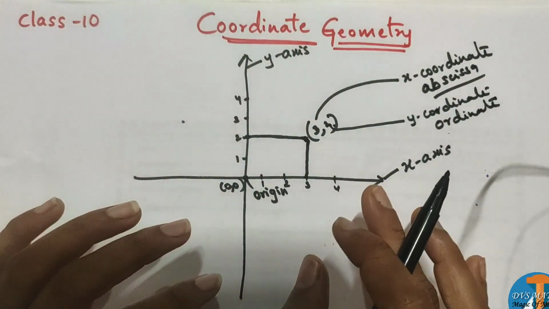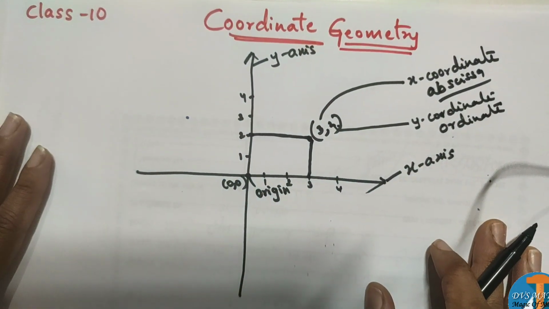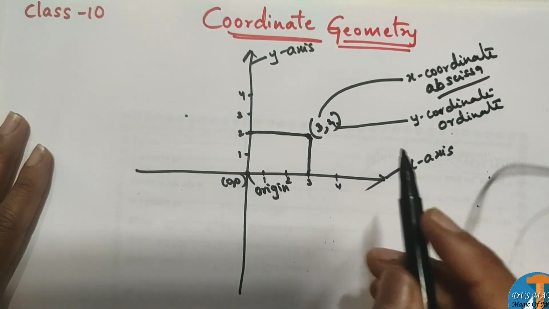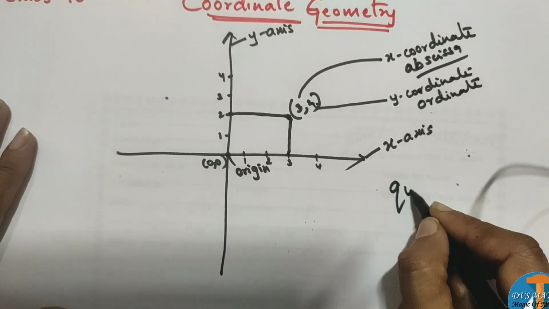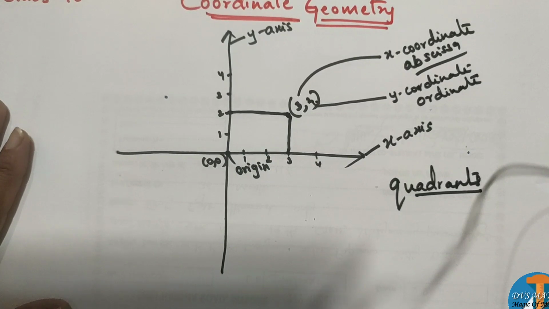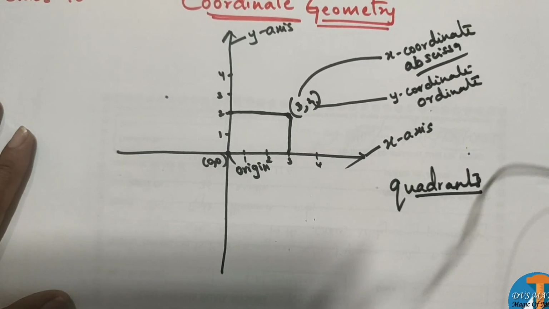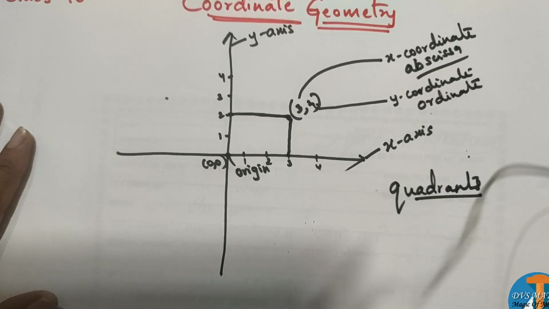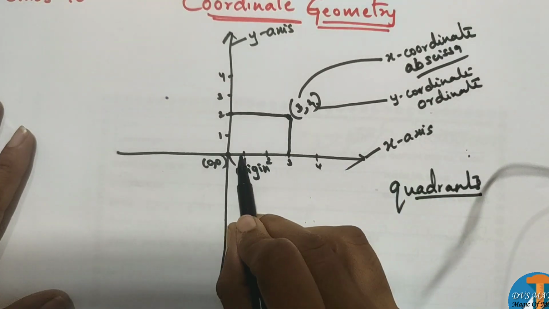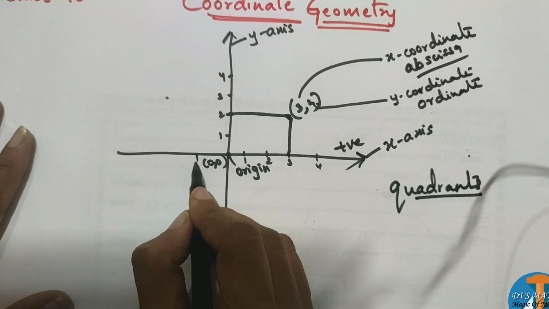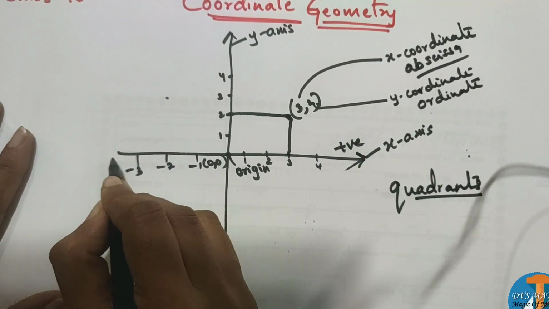So particularly if you consider this, you can observe 4 parts: 1, 2, 3, 4, and we call them quadrants. Why do we call them quadrants? To know the sign of the numbers, either positive positive, positive negative, or negative positive. On the left-hand side, it is the negative x-axis: -1, -2, -3, -4.